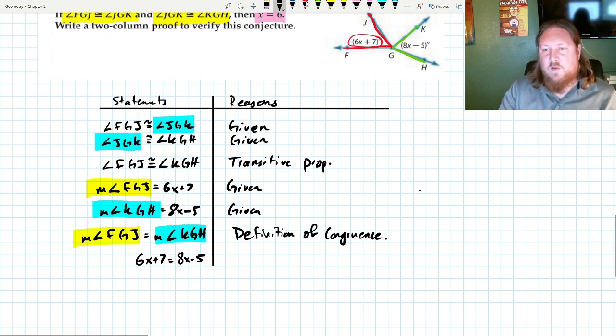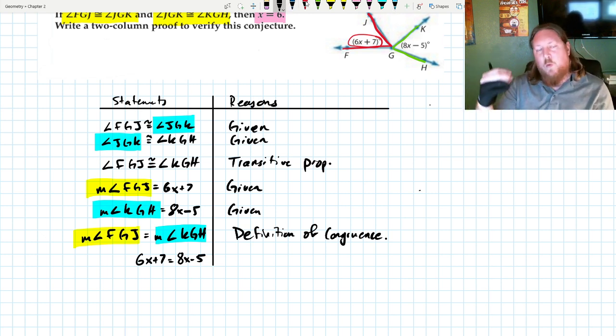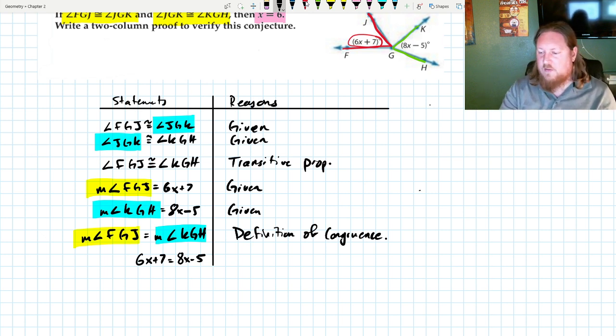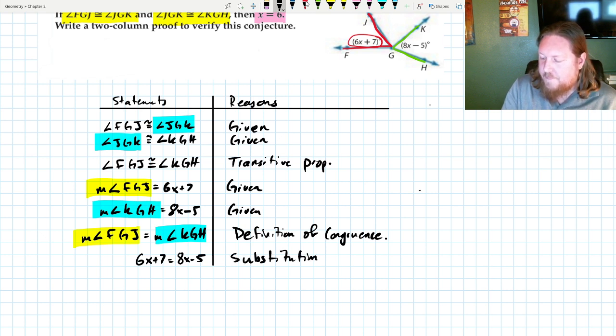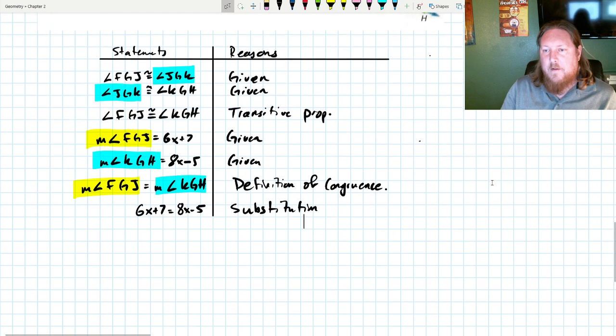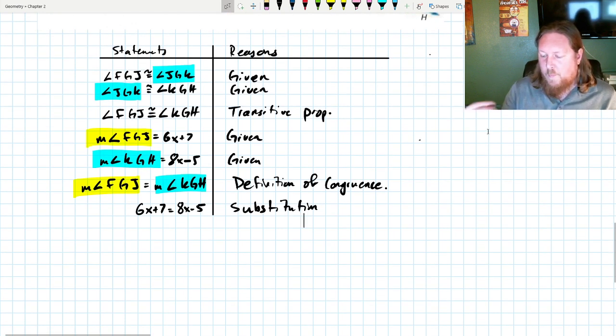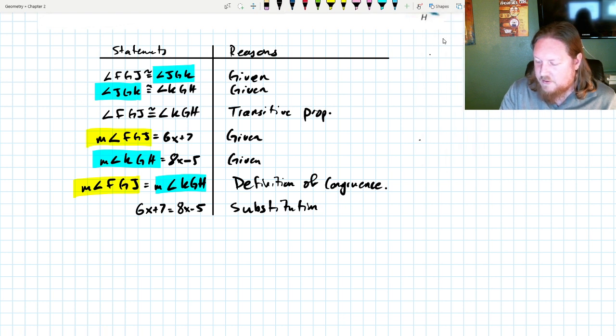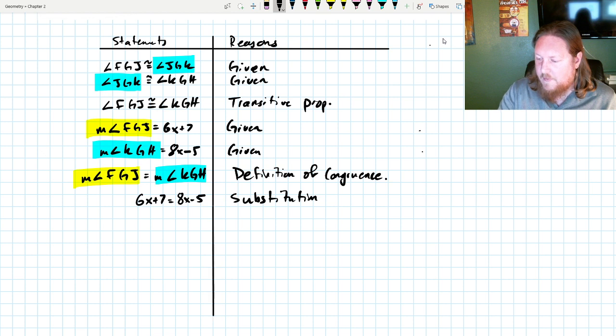Now, those things I highlighted there were just changing how the value is expressed. So we used the justification substitution. Now, this is kind of a longer one, but it's our first real geometry proof. Next up, what do we have to do? Well, we just have to keep solving the equation, right? Now it's all just back down to algebra, so we just keep doing algebra on it.